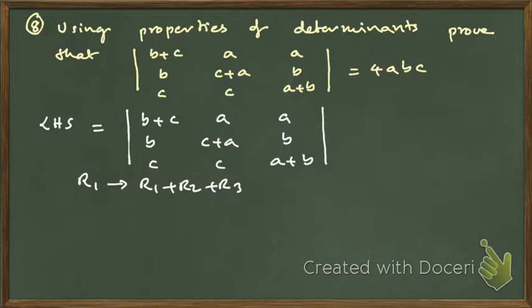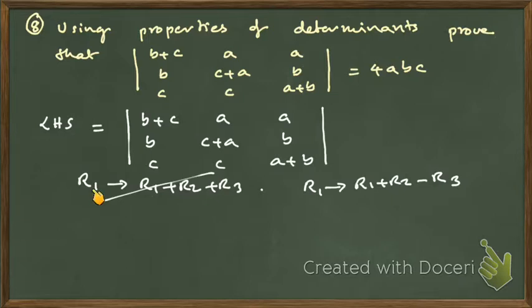You should remember this. Whenever you try R1 changes to or C1 changes to, adding all the rows together or adding all the columns together, like R1 changes to R1 plus R2 plus R3, and if you get only a 2 common out, don't do that. Instead try this. R1 changes to R1 plus R2 minus R3, which simplifies your working.